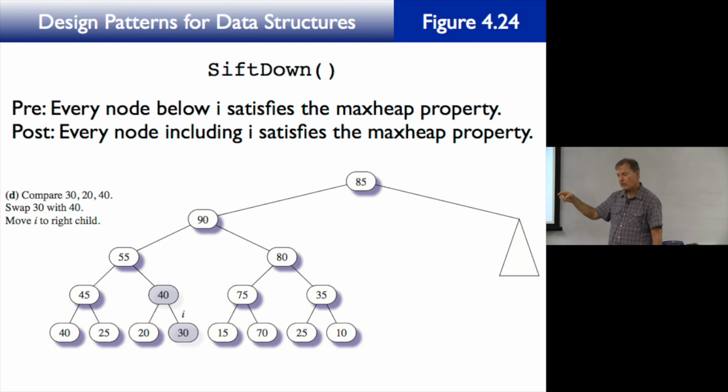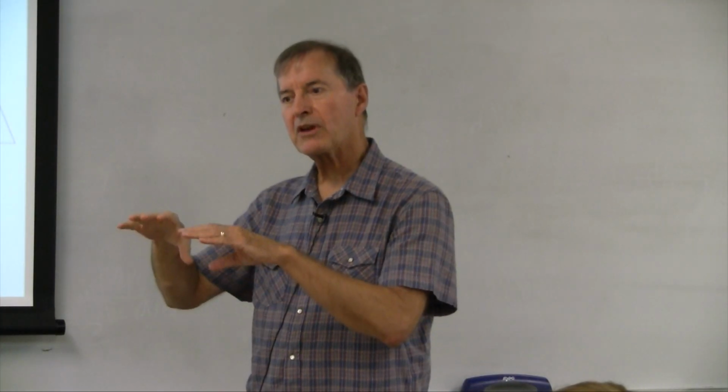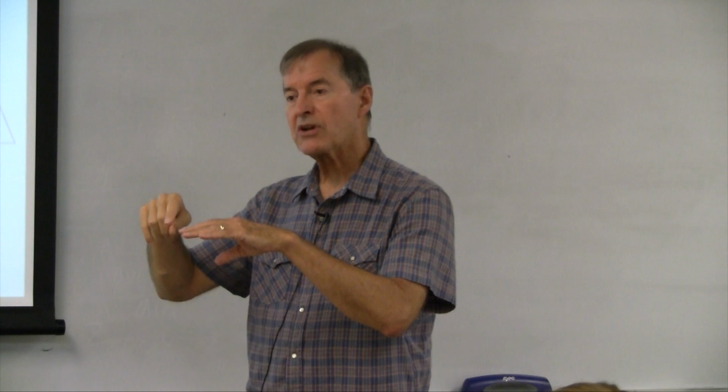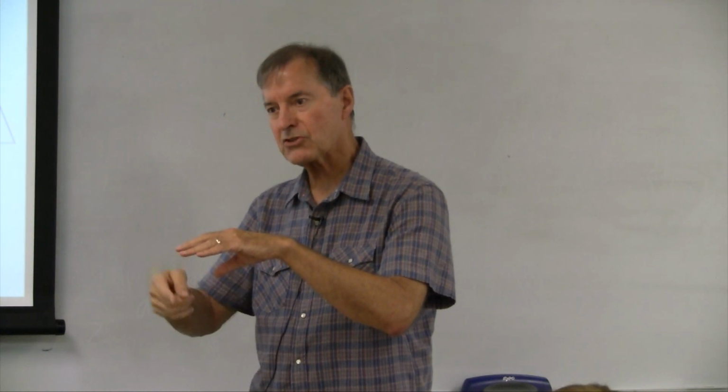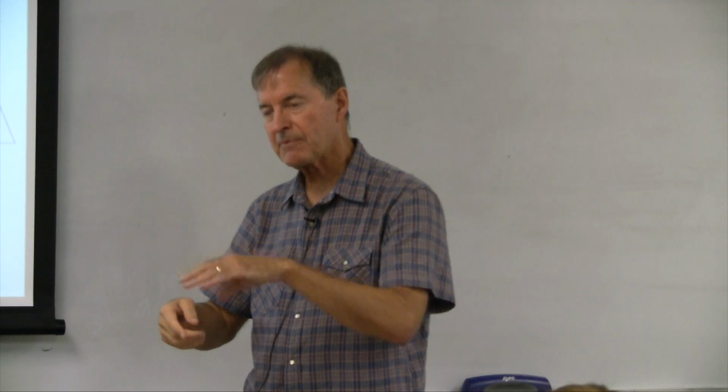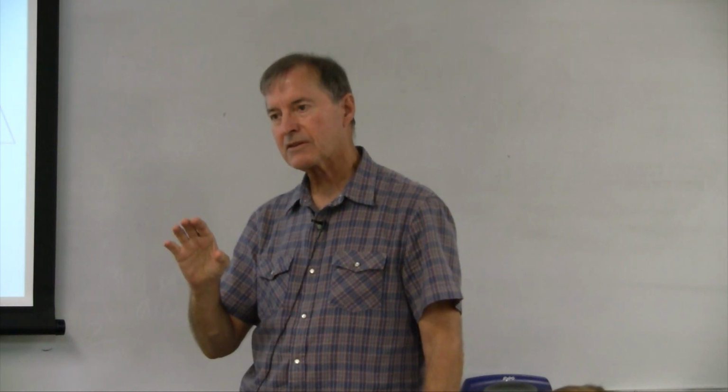So each time it goes down, it's calling itself recursively. But we don't want to use recursion. So therefore, we're going to do this in a loop. So each execution of the loop is going to go down one level. Are you with me?